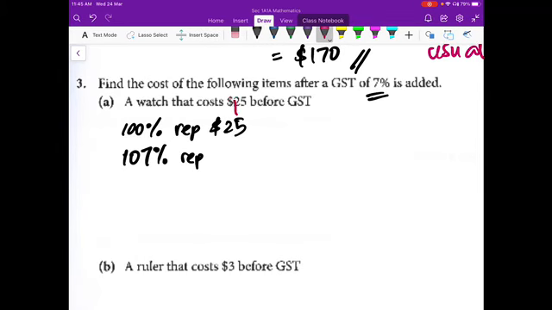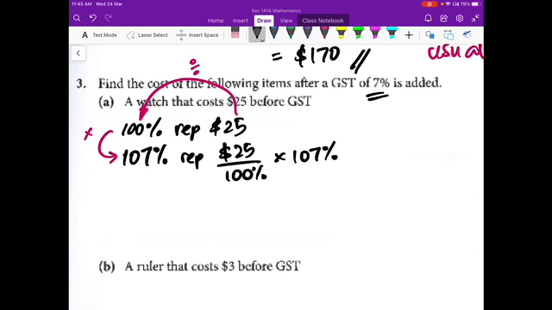So now one step, represent. So the same working, divide, multiply. So same working, 25 over 100% times 107%. So it is shorter, but it requires you to understand why there is 107%.